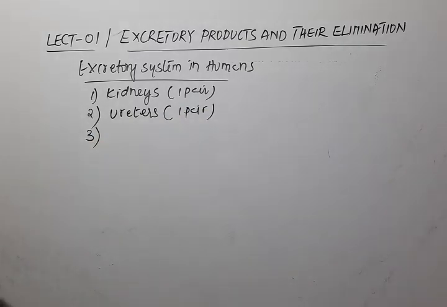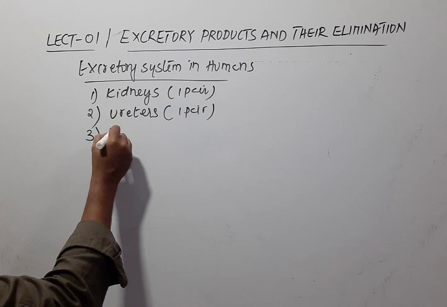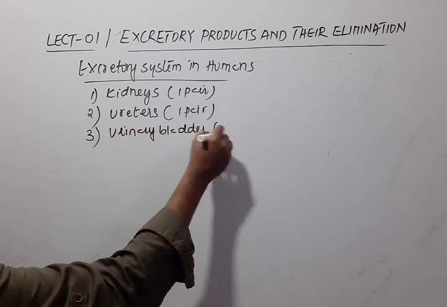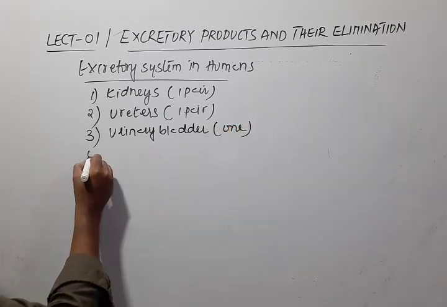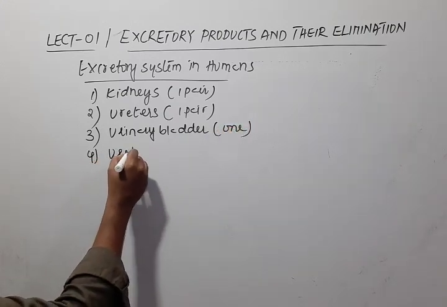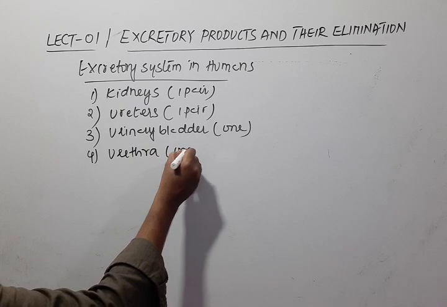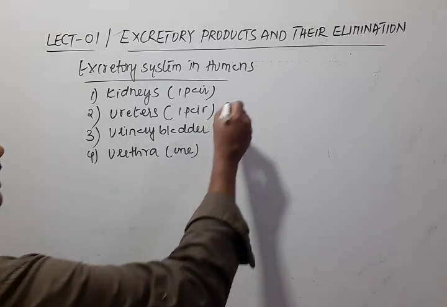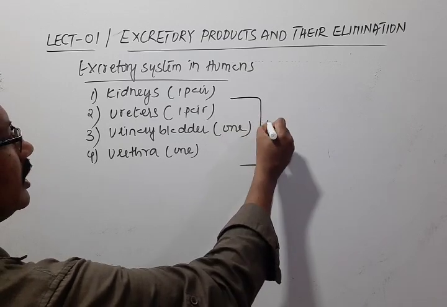Then it has a urinary bladder, and there is only one urinary bladder, and then the urethra, that is also one. In fact the urethra originates from the urinary bladder. Now these ureters, urinary bladder and urethra together constitute the urinary tract.